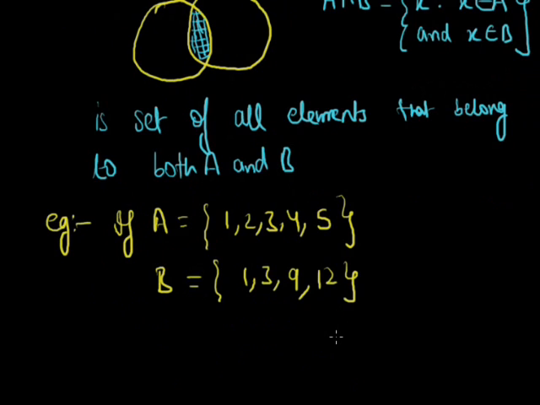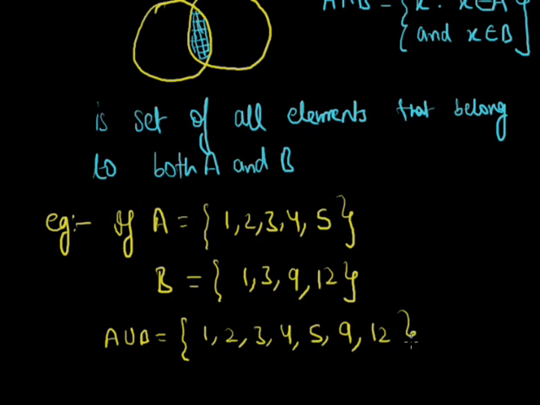And if we talk about both the operations that we have studied, if you talk about A union B, then in A union B we will take all the elements of A and B, like 1, 2, 3, 4, 5, 9 and 12. These are all the elements which are in either A or B. There are some common elements, like 1 and 3.